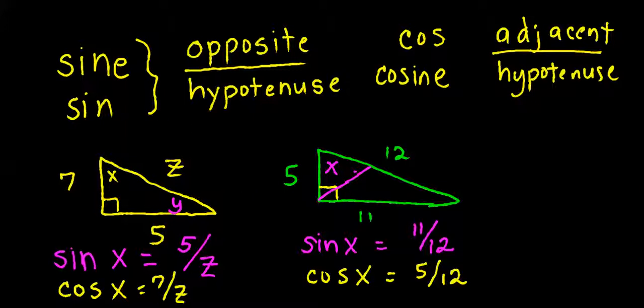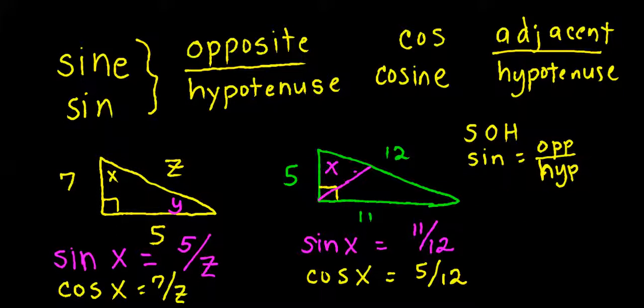Remember SOHCAHTOA, I'm sure you've heard that one, for keeping track of sine and cosine. SOH stands for sine equals opposite over hypotenuse. And cosine, that's where we get the CAH, and the way I pronounce it is so-ka-toa, trying to emphasize the A sound, toa.